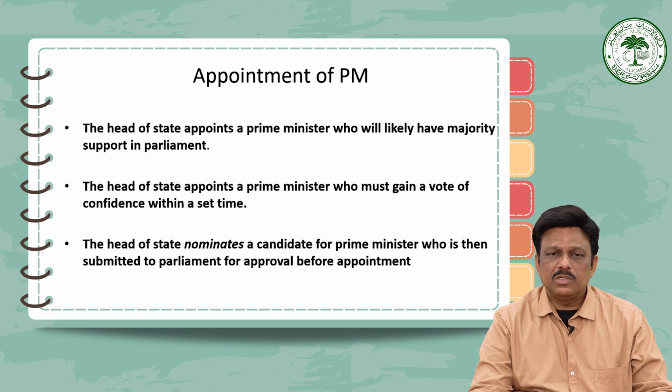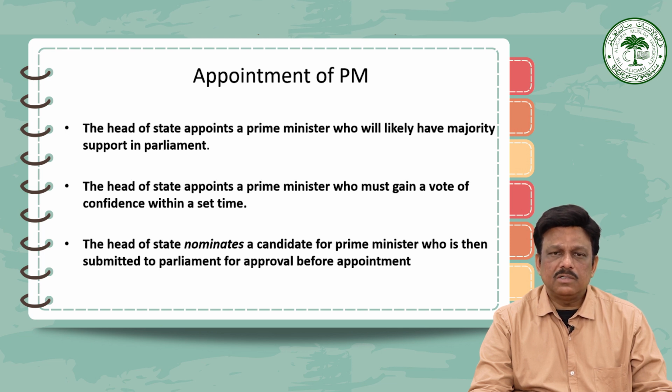Then the third way is that the head of the state appoints the leader of the political party holding a plurality of seats in Parliament as Prime Minister. Now, this system is also prevalent in some countries, especially in Greece. If no party has a majority, the leader of the party with a plurality of seats is given an exploratory mandate to receive the confidence of the Parliament within 3 days.